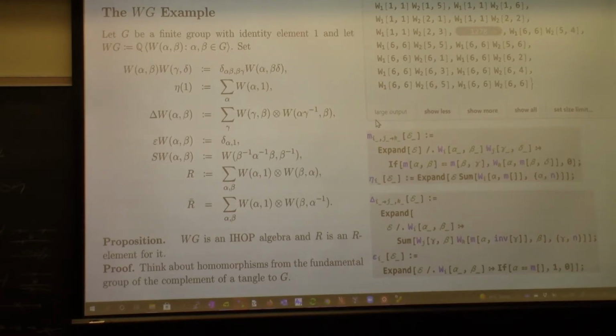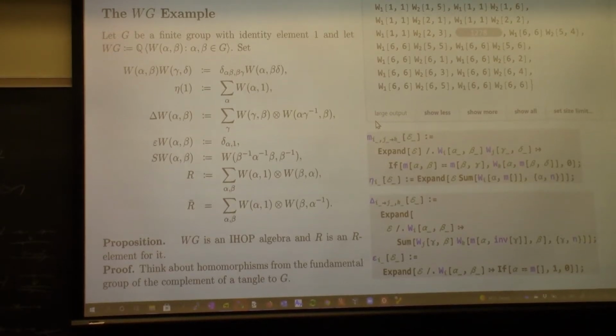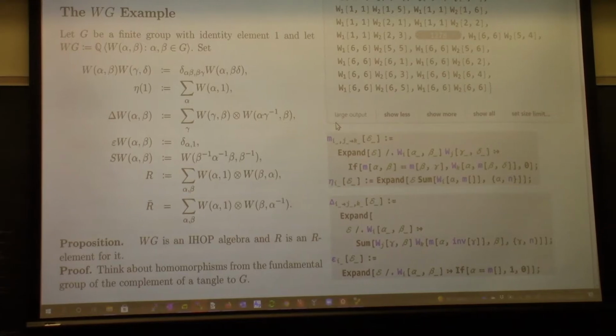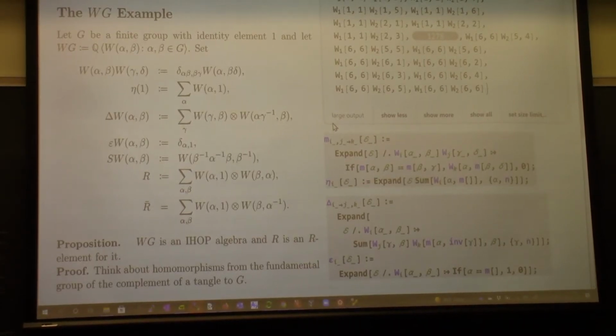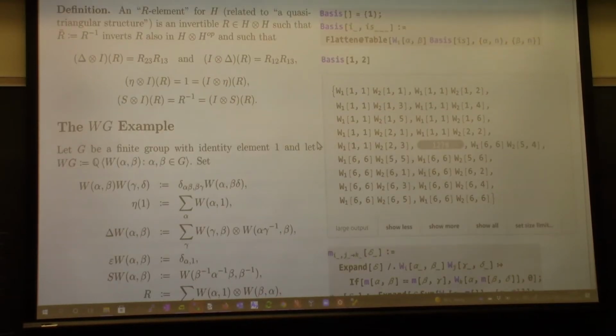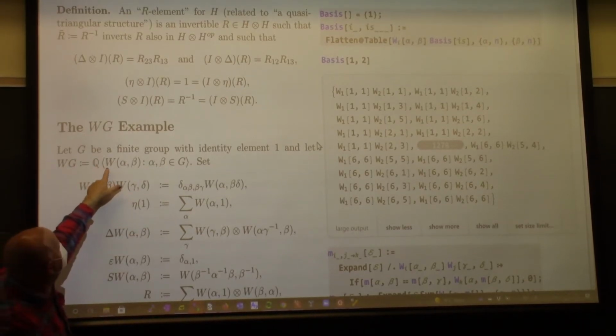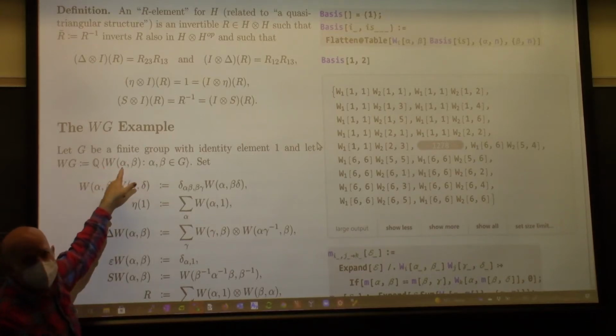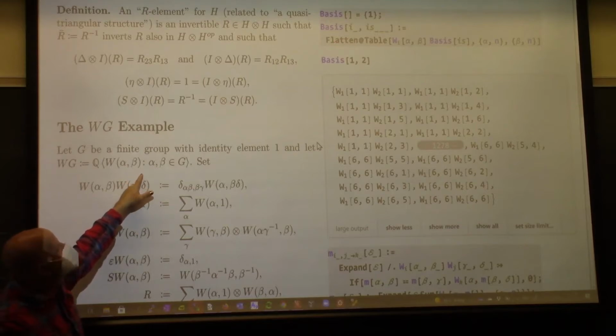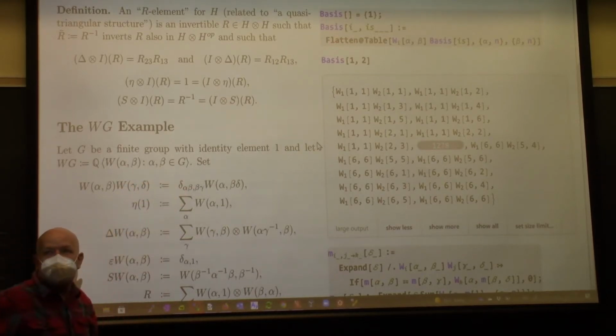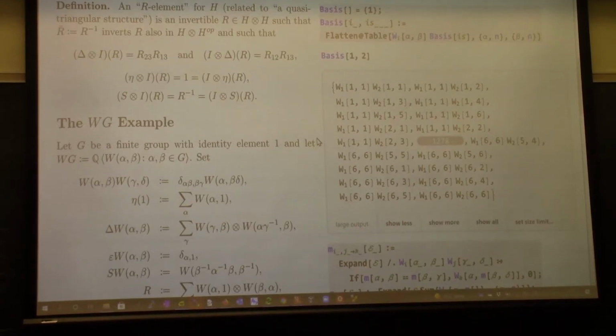And the example will not be G, it will be something whose dimension is the square of the order of G. So we will call it W_G, and as a vector space, it's the set of linear combinations of symbols of the form W alpha beta, where alpha and beta are elements of G. And then we need to define 6 things: M, eta, delta, epsilon, S, and R.